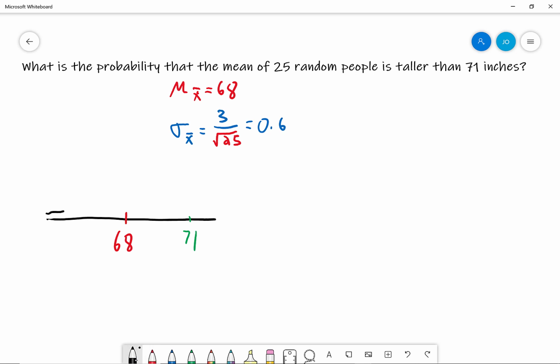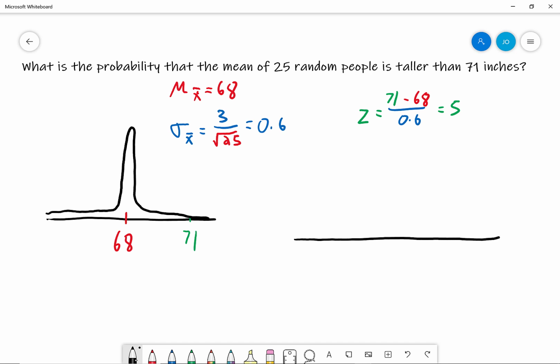So when I draw this out, it's going to have the narrowest spread. Super small spread. And when we find the z-score associated with this value, we're still interested in 71. We have the same exact mean, but now our spread has shrunk to 0.6, and we end up with a z-score of 5. And so we'll go to our standard normal distribution, which again has the same mean and same standard deviation, 0 for the mean and 1 for the standard deviation.